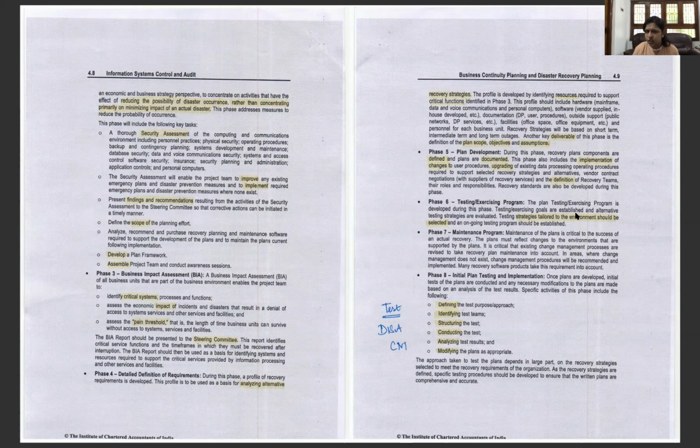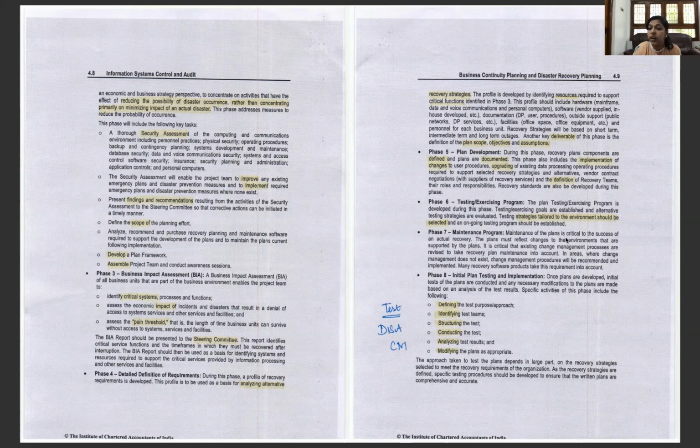Okay, we have tested and trained it, and we are exercising. Then how do we keep it up? It is not enough if it's a one-time process. It has to be a continuous process. Maintenance program. If it's not maintained, it's going to be obsolete one day, and it's not going to be of any use, because the organization is changing. It also has to change with the needs of the organization. Hence, we have the maintenance program.